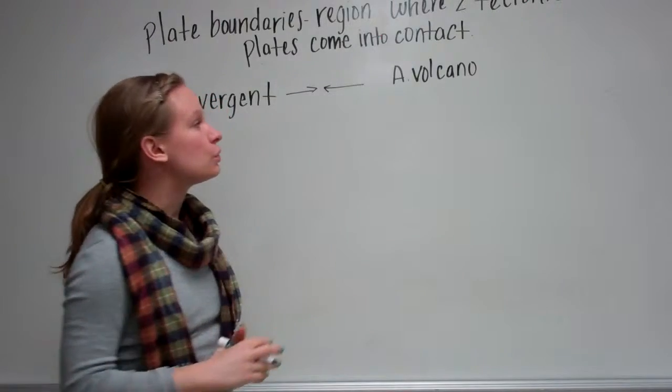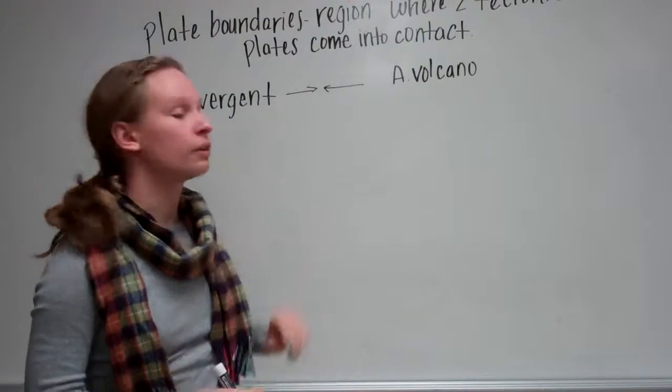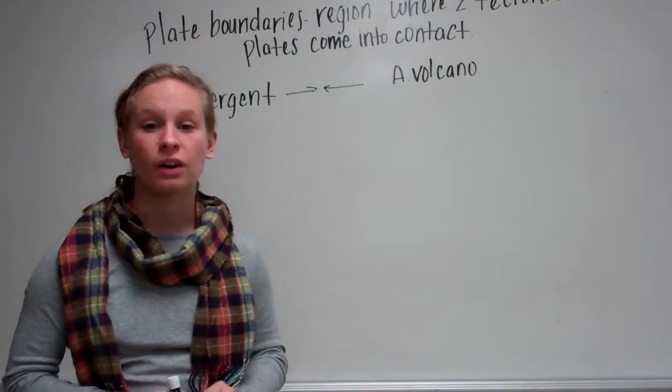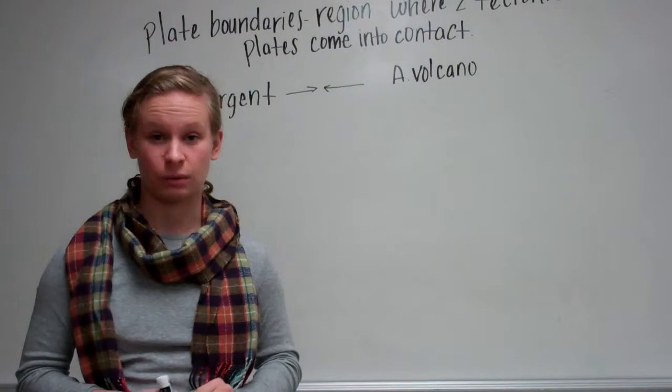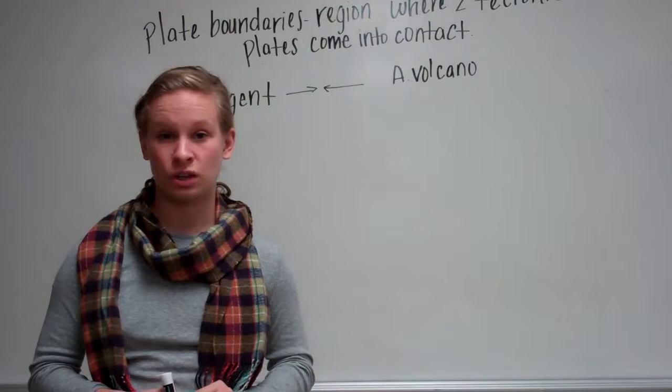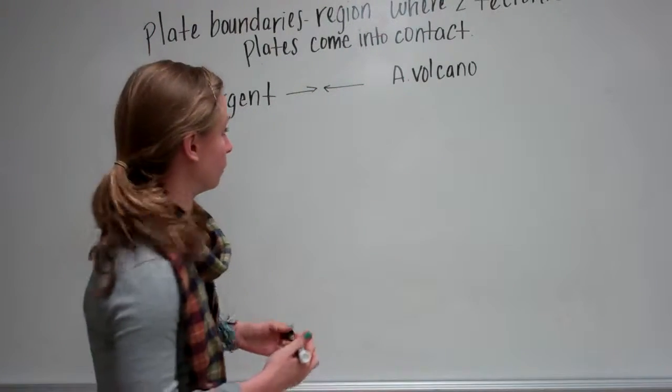Okay, and so the two situations for a convergent boundary for when we will get a volcano is when we have oceanic or continental crusts coming into contact with one another, or two oceanic crusts coming into contact with one another.